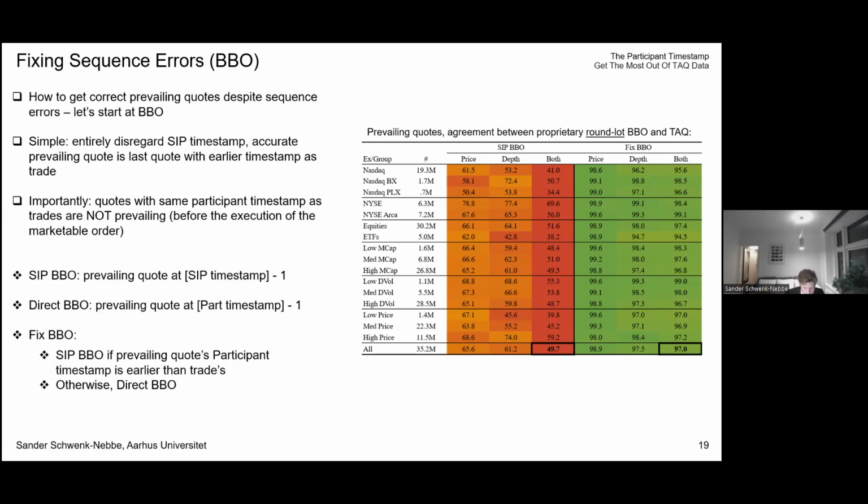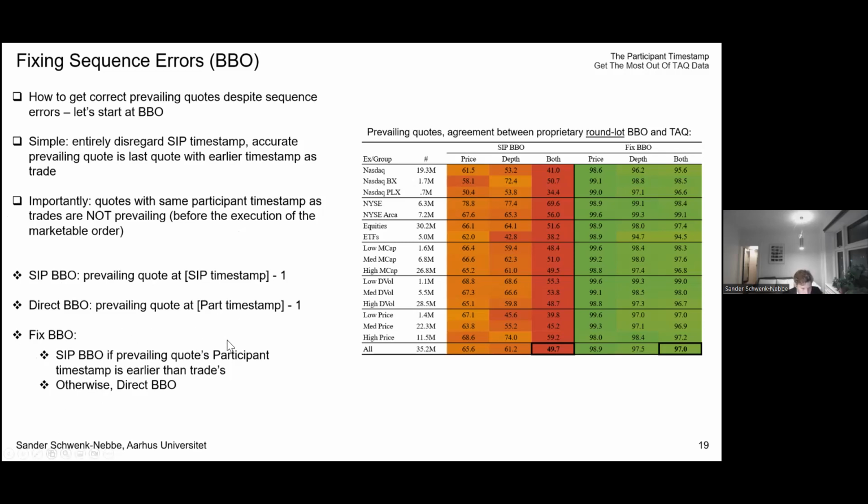So when we use SIP time, that's how we would do it. But we can also use participant timestamp instead. So the participant time, meaning that for every trade, we look at the last quote in participant time directly before that trade. And that would be the prevailing quote.